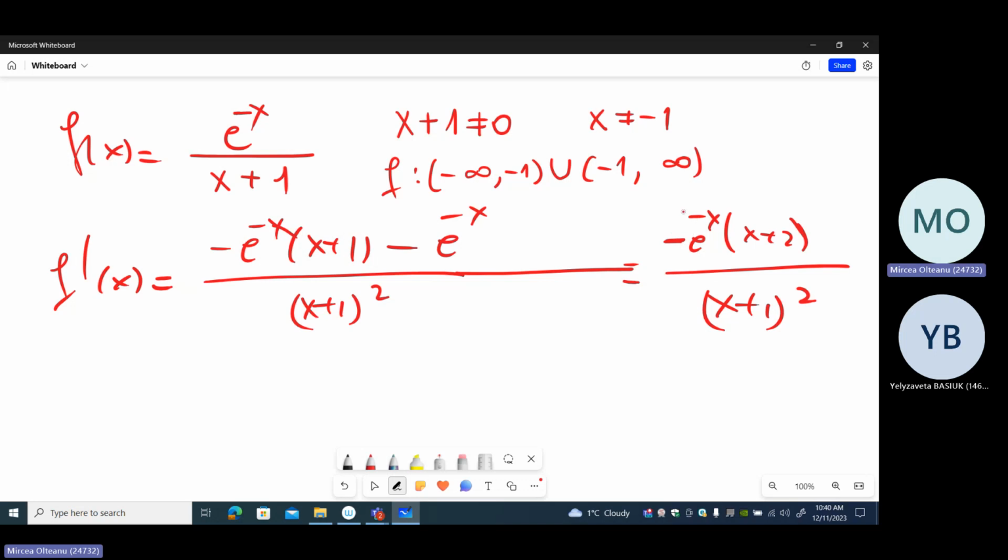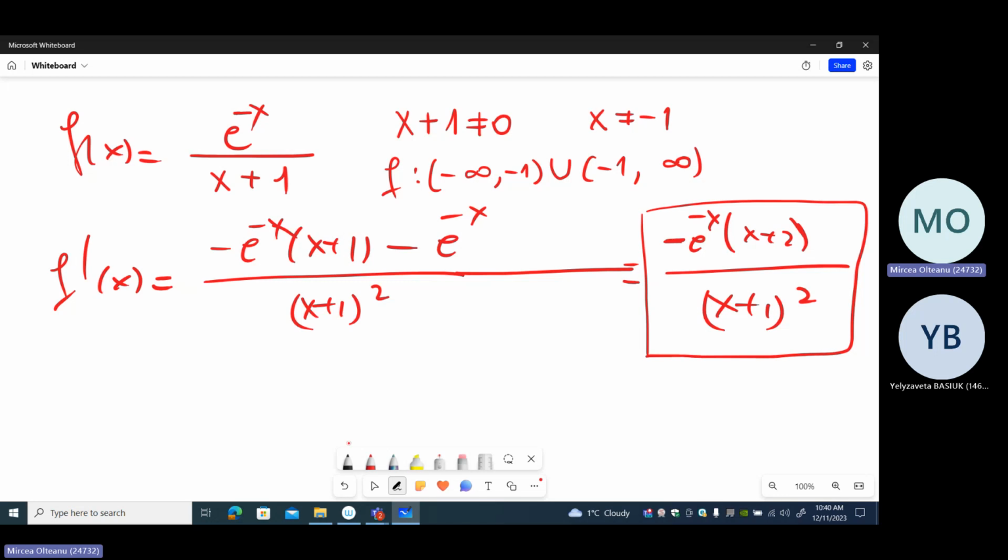Because if you take here a common factor minus e at minus x, we get x plus 2, yes? In the parentheses. Is it okay, or you have doubts?